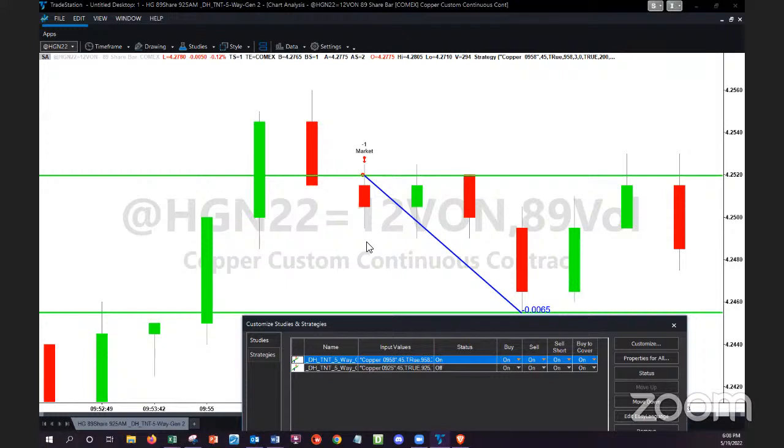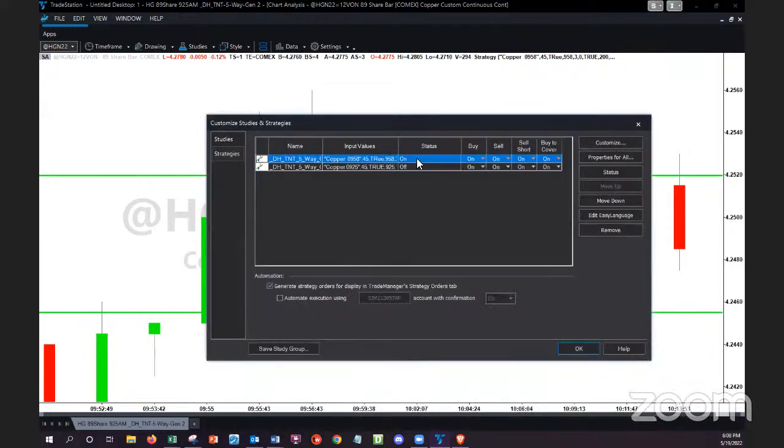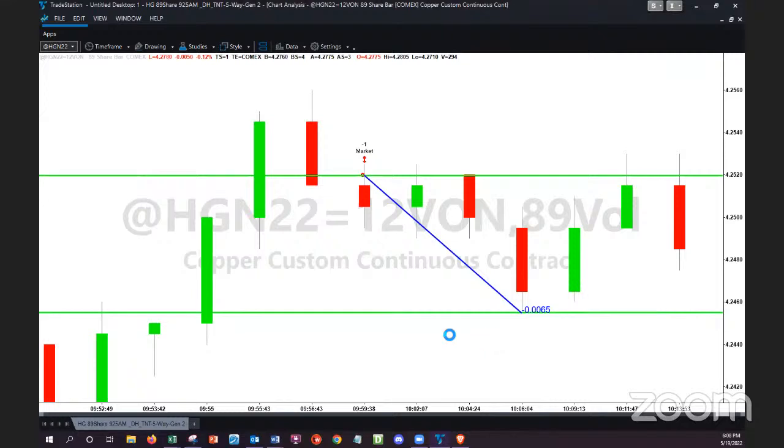If you look at this candle here, I can't look at it now. Let me just turn this one off, turn the other one on, and give it a minute to load.